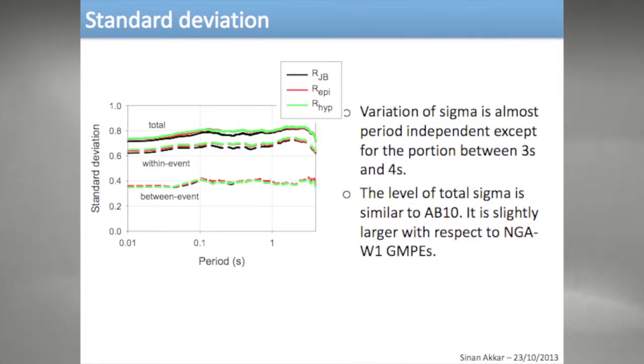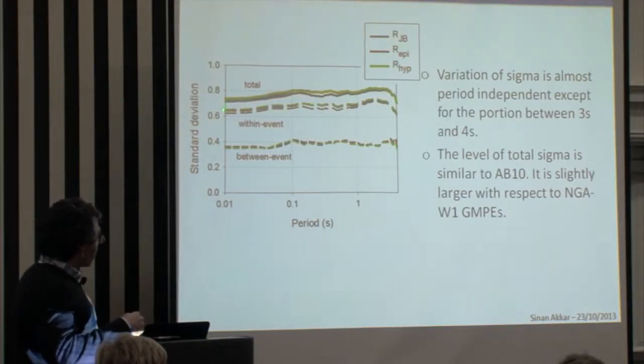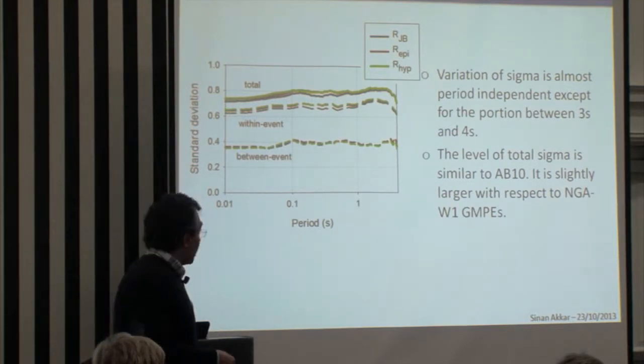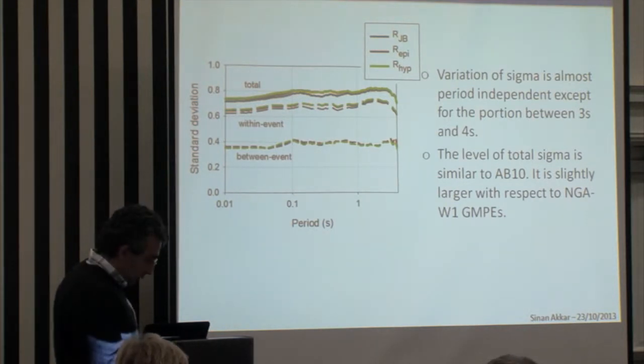In any case, there is not too much difference for different distance metrics here. But essentially, the variation of sigma is almost period independent. But there is some sort of period dependency for periods greater than 3 seconds, which is much more prominent, visible in within-event and total sigma.